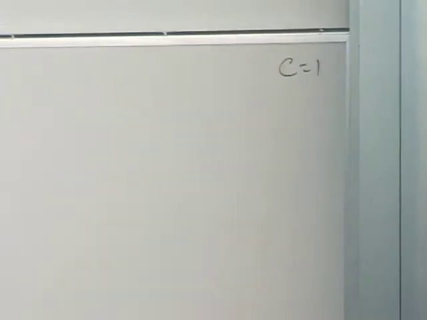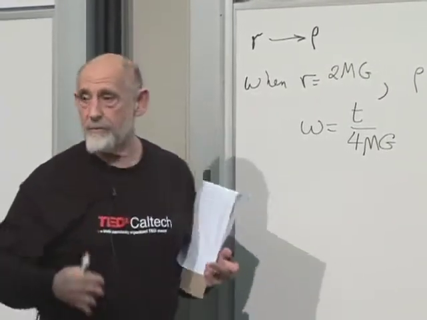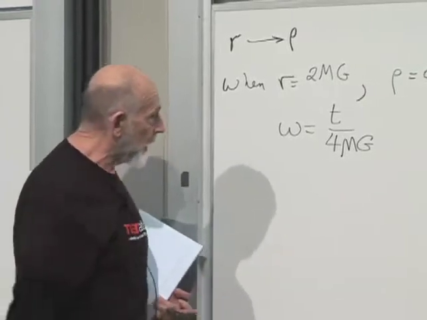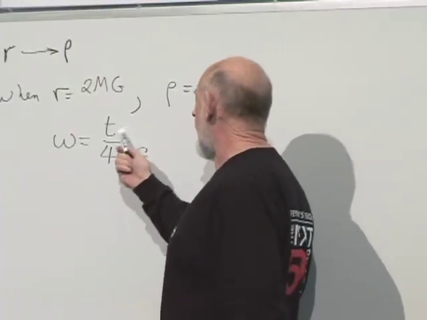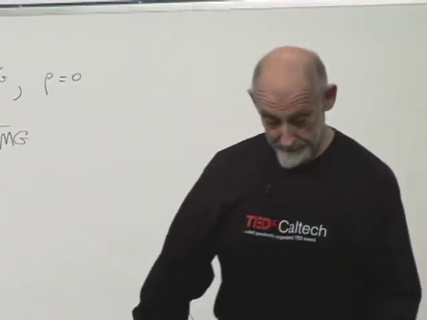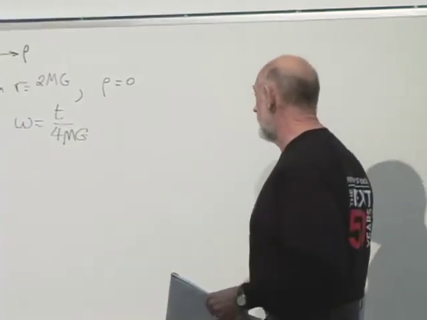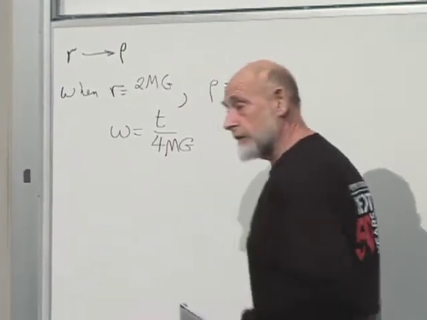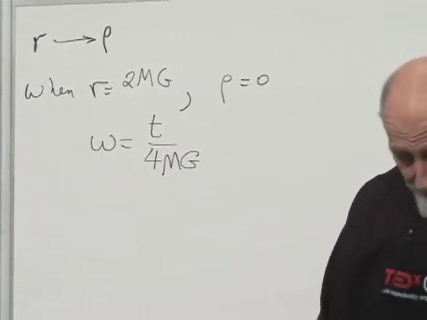Time and length are measured in the same units when c is equal to 1. 2mg is the Schwarzschild radius of the black hole. So apart from a factor of 2, omega is time measured in units of the Schwarzschild radius. Okay? That's why it's dimensionless, because it's a ratio of things, time divided by the Schwarzschild radius. And when we did that, we went through a little exercise.